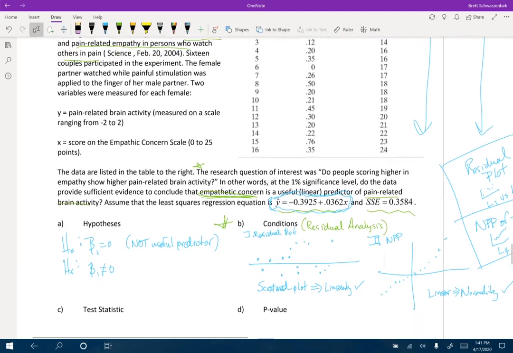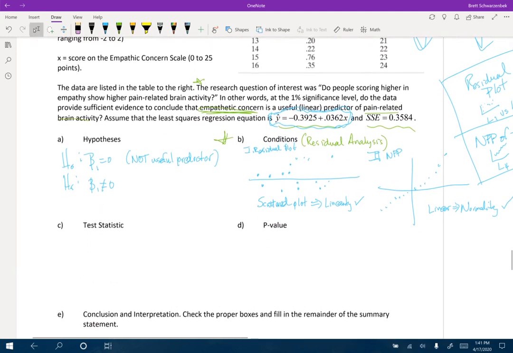Okay, so for the test statistic, remember the formula is t is equal to b1 over the standard error, s sub b, which is the square root of Sxx. Right now we have one of these things. It looks like we have the slope provided to us, 0.0362, but we don't have the other things.